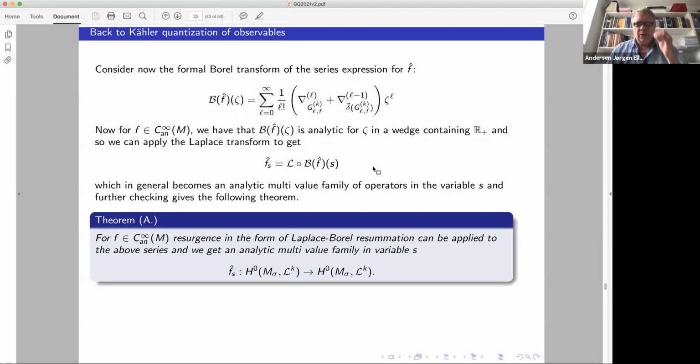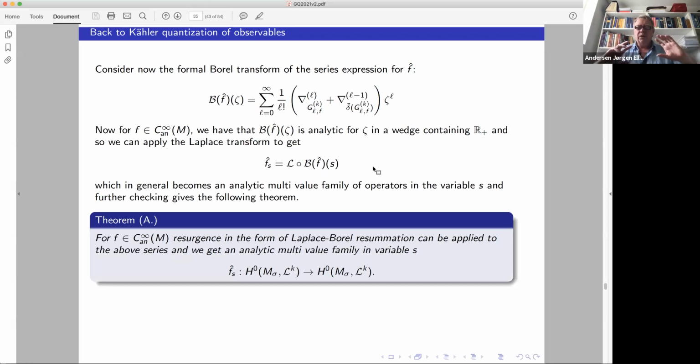Mm-hmm. So for example, if we take flat space and we still stay with the Kähler situation, then indeed there is, because you can then quantize a little bit more than the ones that just preserve the polarizations. You can actually quantize the second order ones also, because their Hamiltonian flows preserve the family in that case.